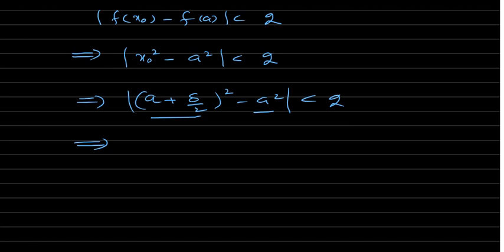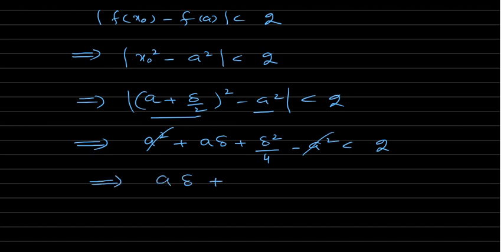It will be a square plus twice a times delta by 2, that's just a delta, plus delta square divided by 4, minus a square is less than 2. a square and a square will go. Okay, it's a delta plus delta square by 4 is less than 2.